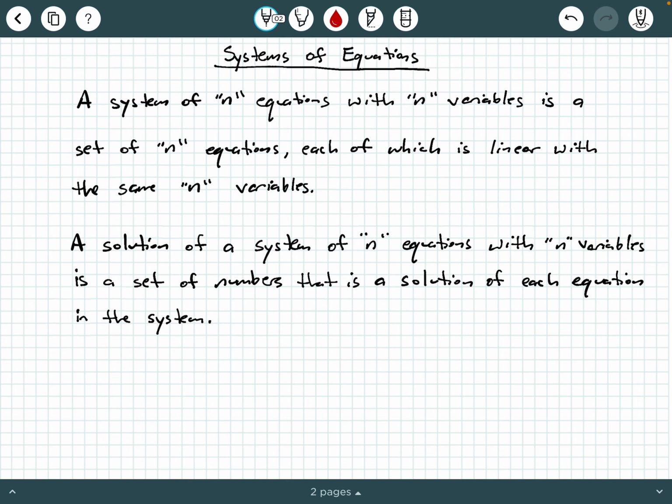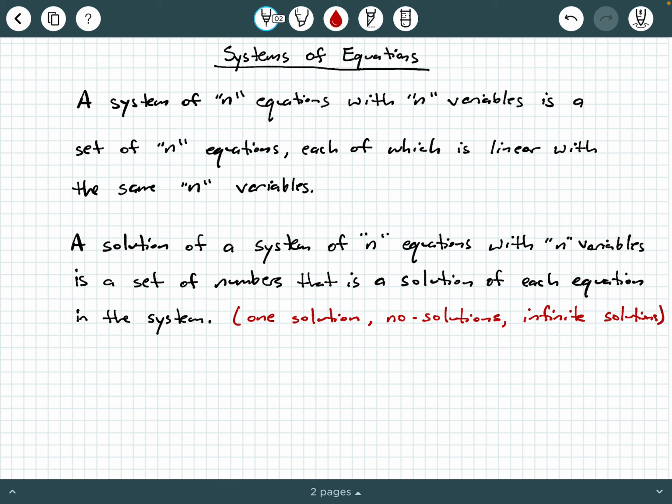Okay, so we're going to change colors here, and we're going to say we could have one solution, no solutions, or infinite solutions.